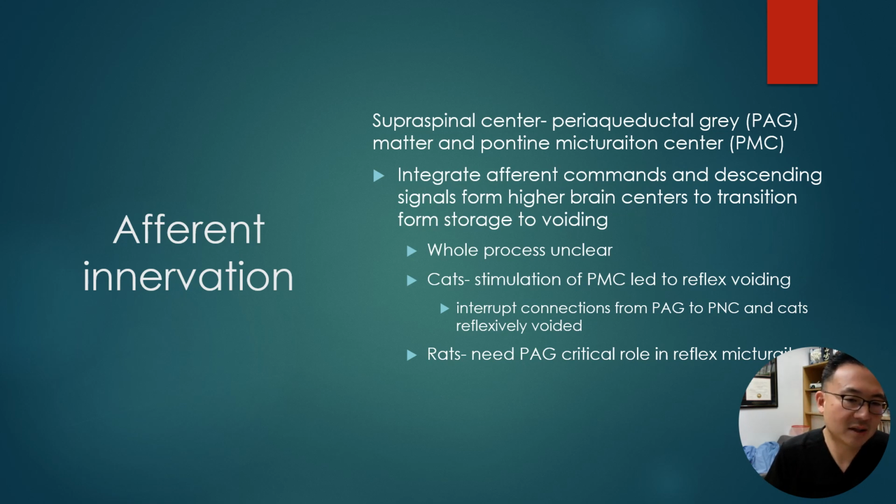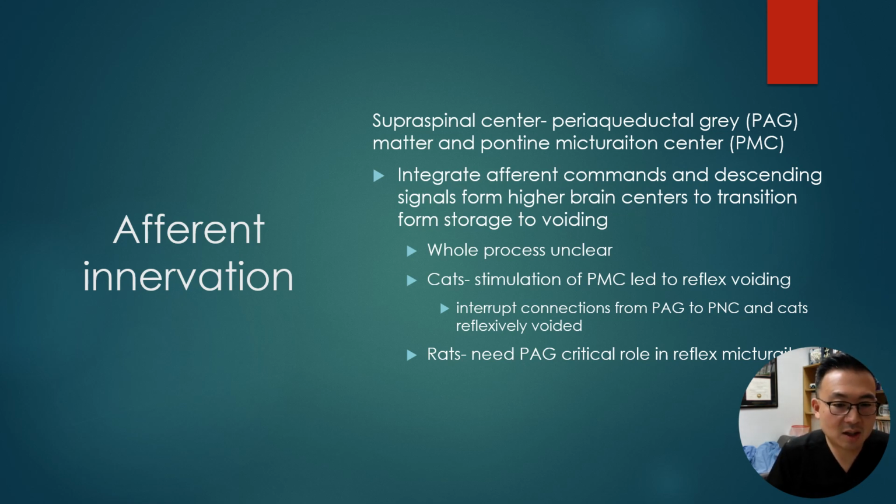If it is, the signal gets sent from the periaqueductal gray matter to the pontine micturition center, and then the pontine micturition center moves into the voiding mode and decreases sympathetic and somatic output, increases parasympathetic output, which leads to voiding.